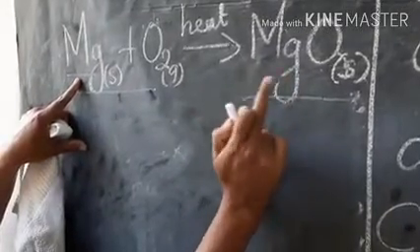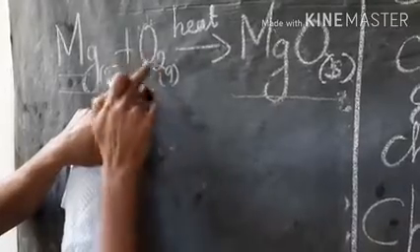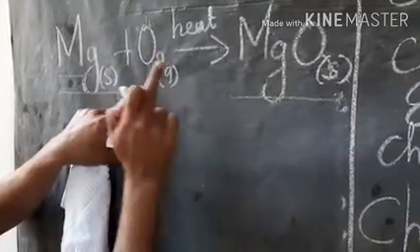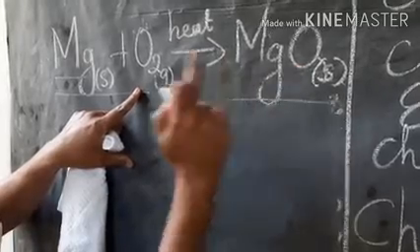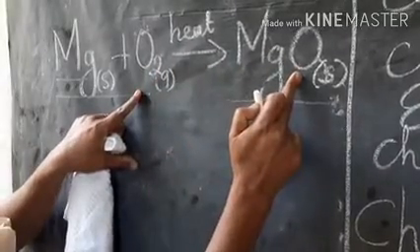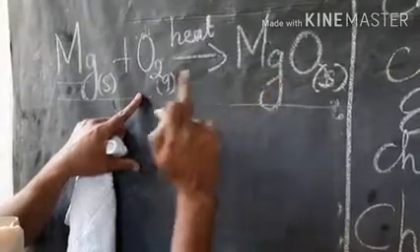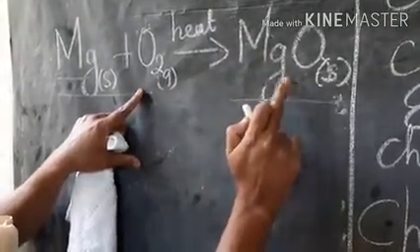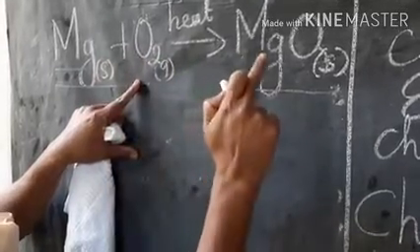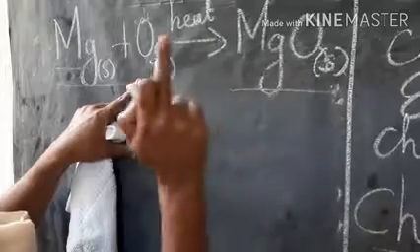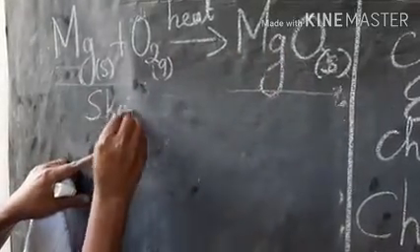Both are correct. Now look at oxygen, 2 atoms of oxygen here, and here only one oxygen. So this side more and this side less. If the equation is not balanced, or otherwise the number of atoms in the reactant is not equal to the number of atoms in the product, that equation is called a skeletal equation.